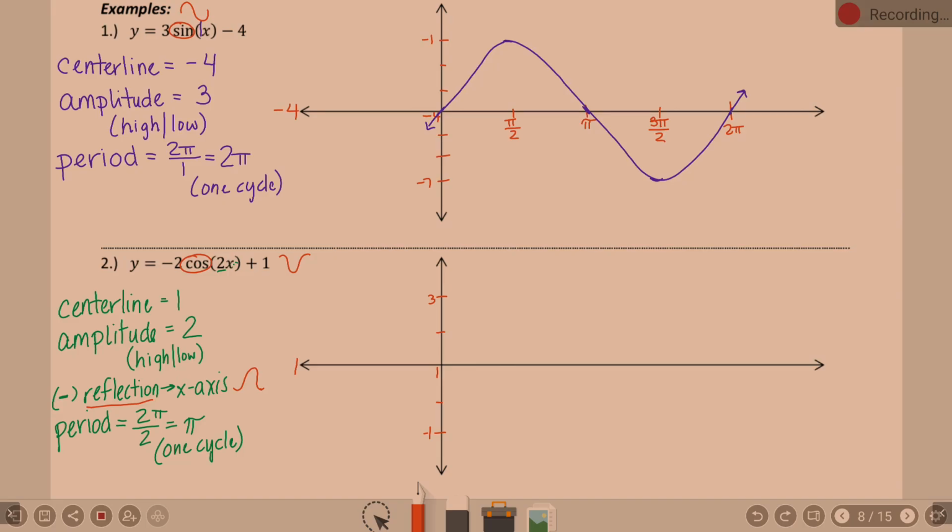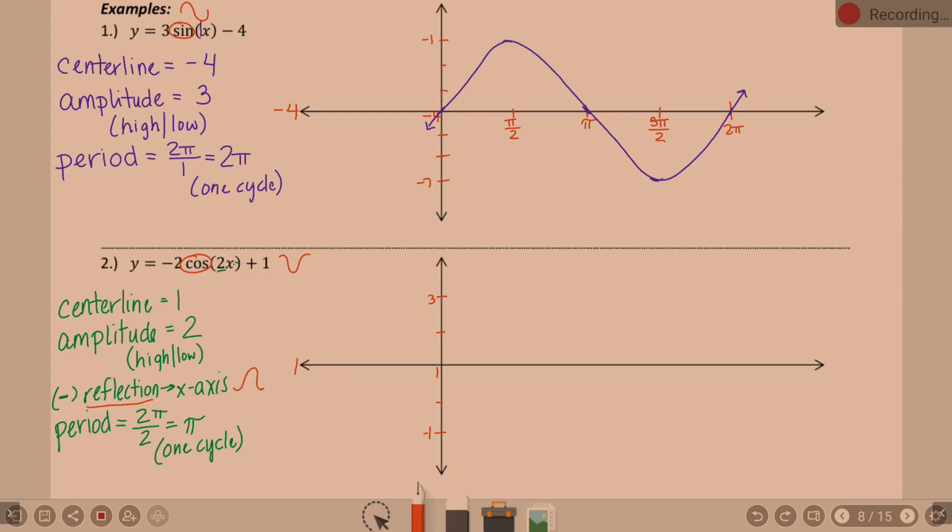Our period. Last time I labeled out 2 pi because I was doing one cycle. This time, what is one cycle? We just have to label out to pi. Now, you can use as much or as little of this x-axis as you want. Okay? It all comes down to how you label it.